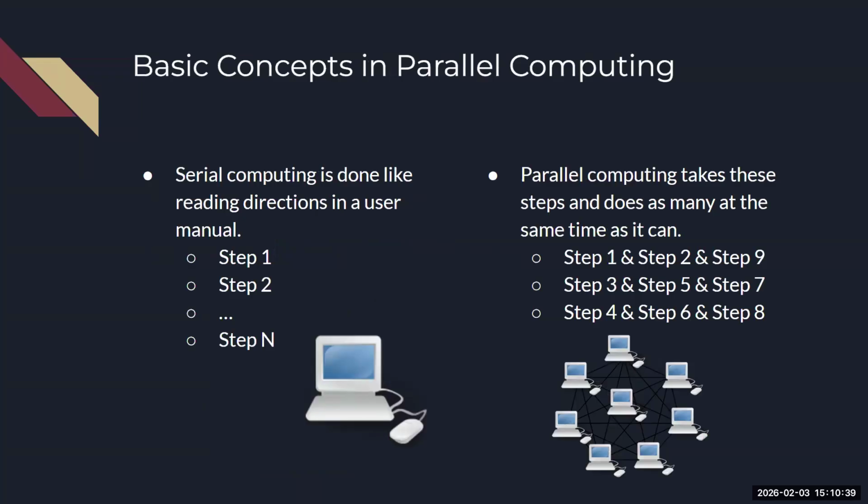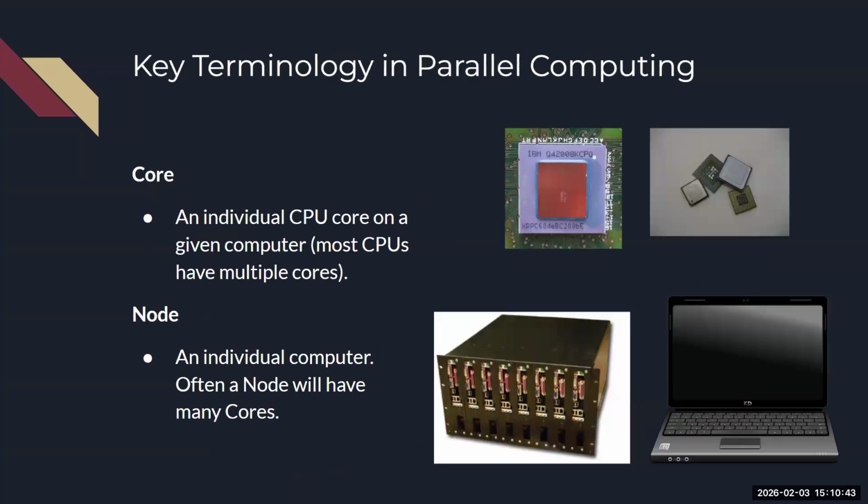These are the basic concepts: serial versus parallel. I should also talk a little bit about some key terminology that I'm more than likely going to use throughout the presentation: a core and a node. A core is an individual CPU core on a given computer. Your desktop or laptop might have a big CPU chip that's chunked into 4 or 6 cores.